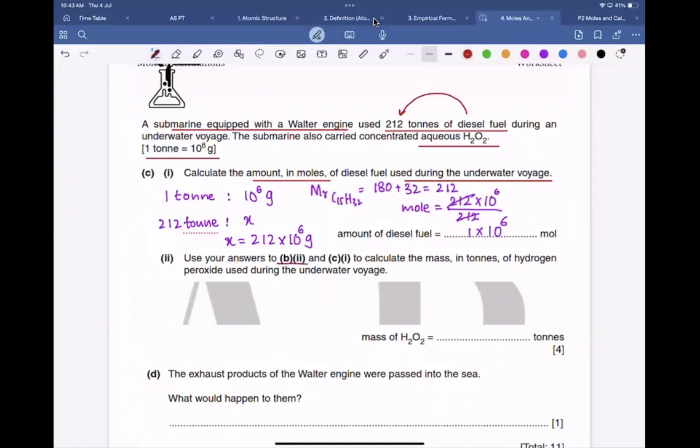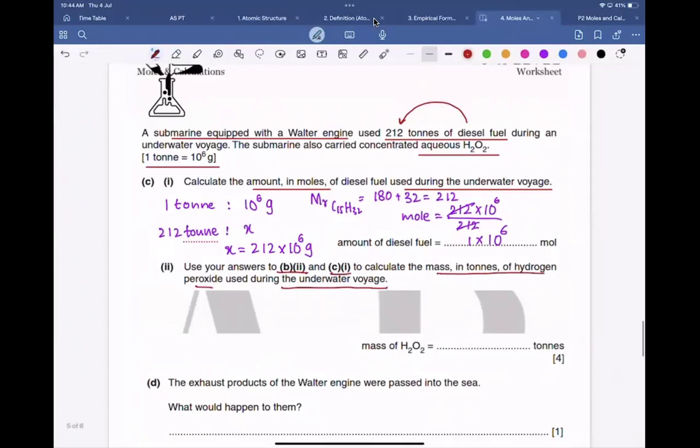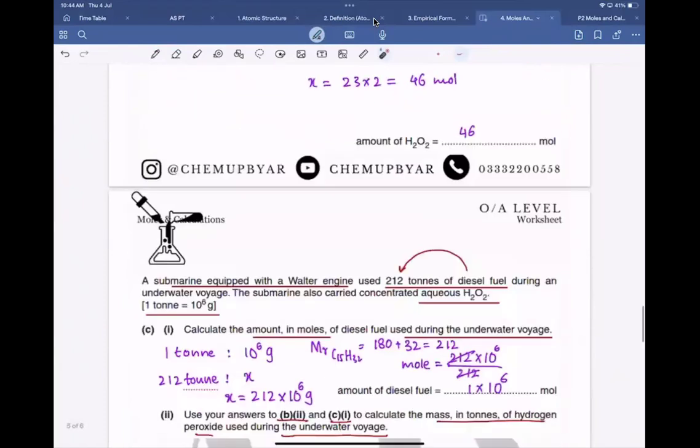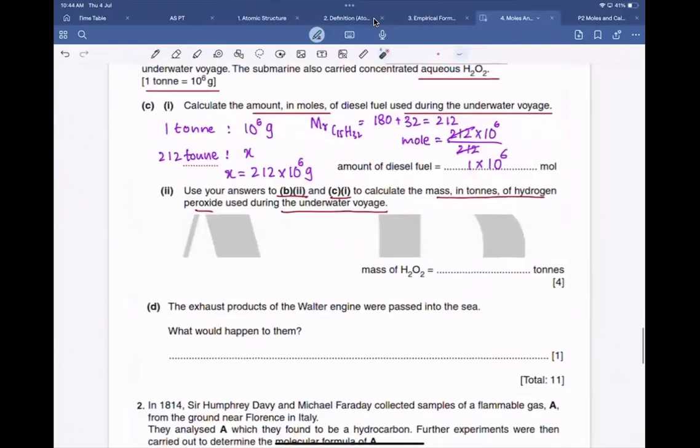Now use your answer to B2 and C1 to calculate the mass in tons of hydrogen peroxide used during underwater voyage. So if you see, I can easily relate that for 1 mole of diesel, how much hydrogen peroxide I needed? 46 moles. So I got this ratio. Now I'm going to apply this ratio over here, C15H32 is to H2O2.